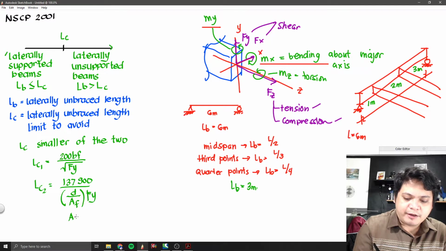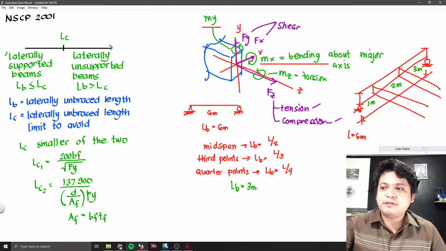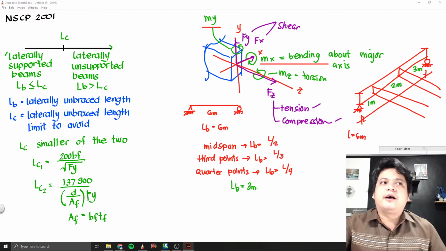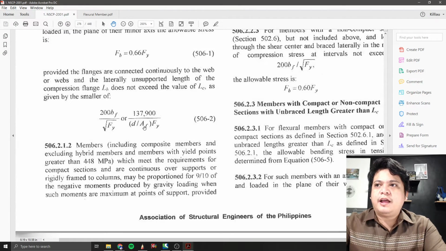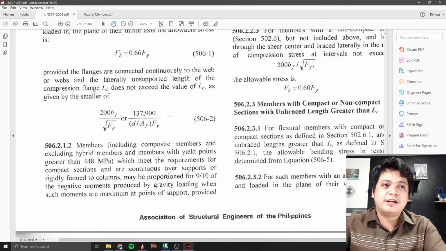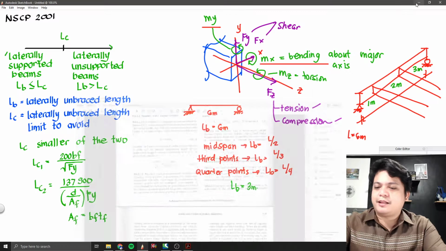Again, AF is the flange area of the compression flange, so that is BF multiplied by TF. This is for NSCP 2001, by the way. So we have 200 BF all over square root of FY, or 137,900 over D over AF multiplied by FY. We need to consider that.